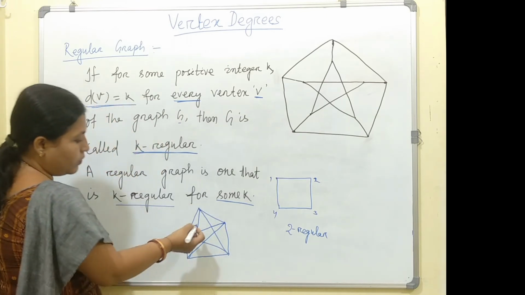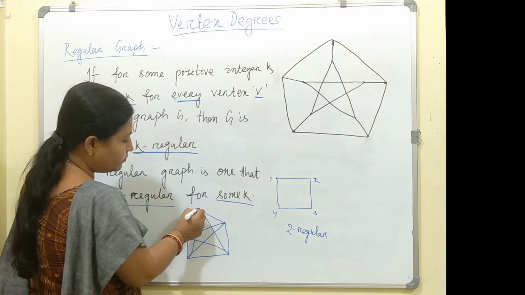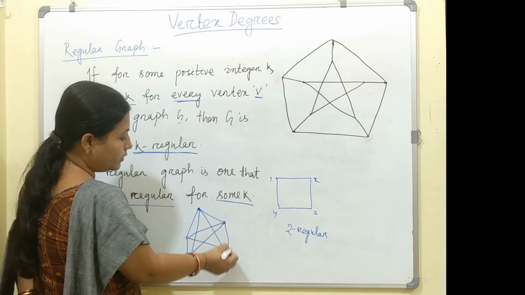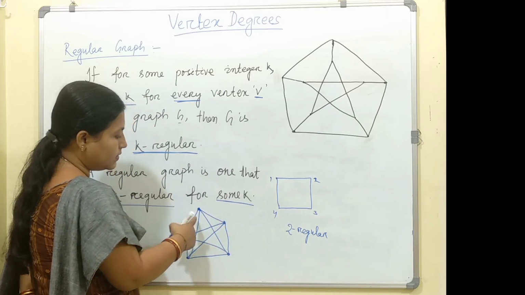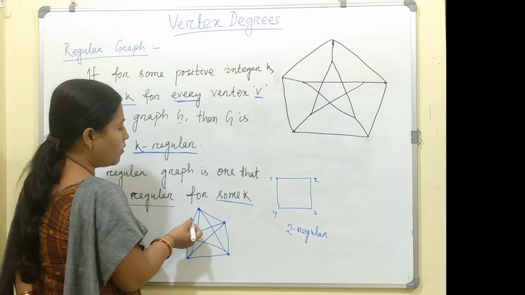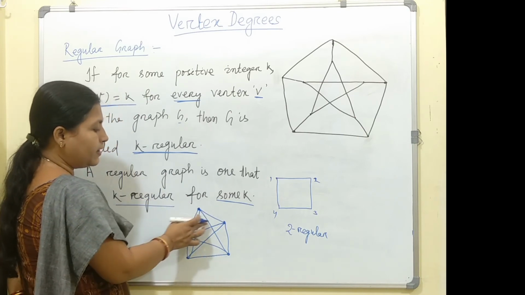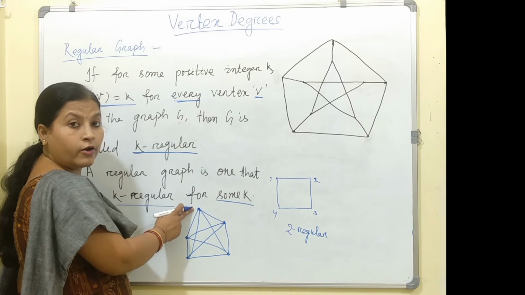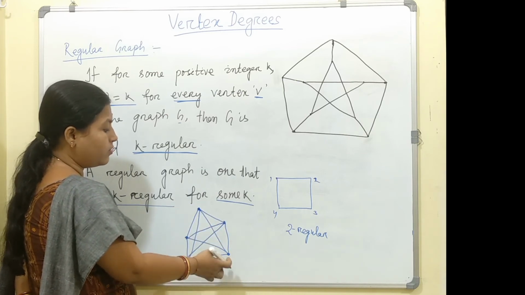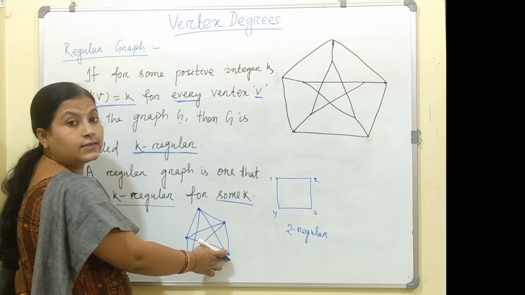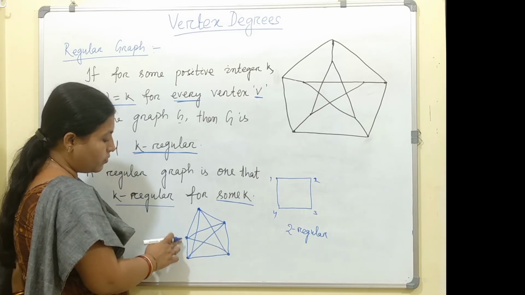It has 5 vertices and the degree of every vertex is 4, that is, the number of edges incident with each vertex is 4.